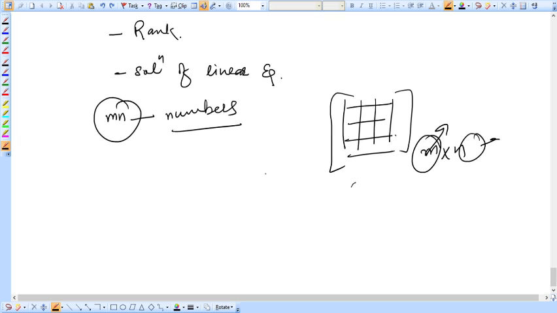Also, the general element of this matrix is denoted by Aij. Here the subscripts signify in which row and column this element is placed.